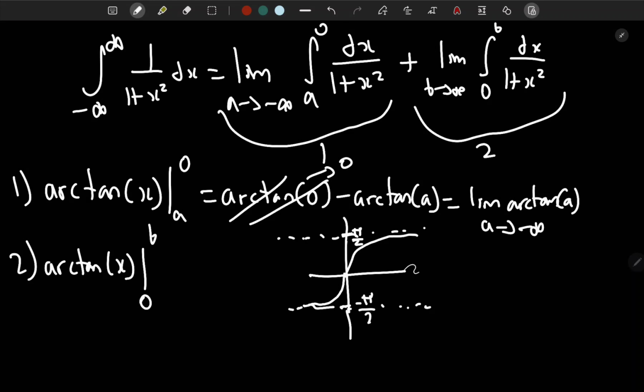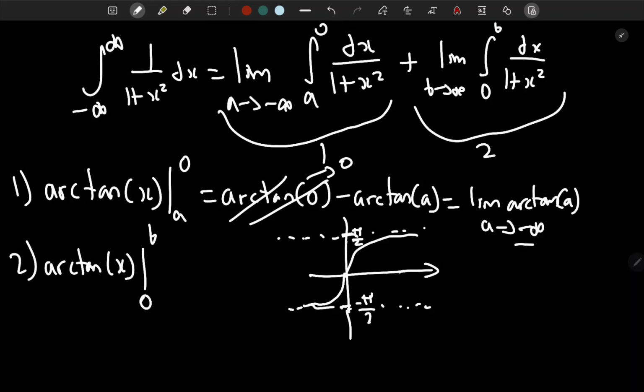This is the x-axis, and it always approaches pi over 2, but it never goes above it. So the range, the highest y number that this can have, is pi over 2, right? And if you put any value for arctan of a, let's say a is 999 or 9999, you will still get the same value, which is going to be pi over 2.